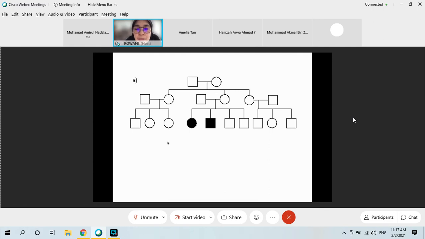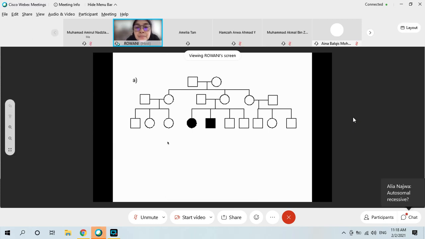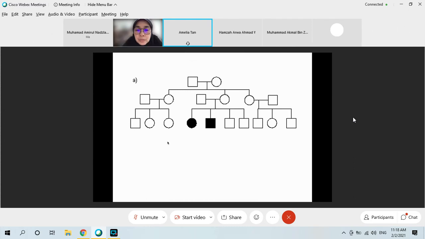So if it is a genetic disorder, where does it come from? Maybe it's from the parents, but the parents are only carriers. That's one possibility. So it means that it comes from the parents. If it comes from the parents and is transmitted to the children, it means that this is an inherited disorder, isn't it?